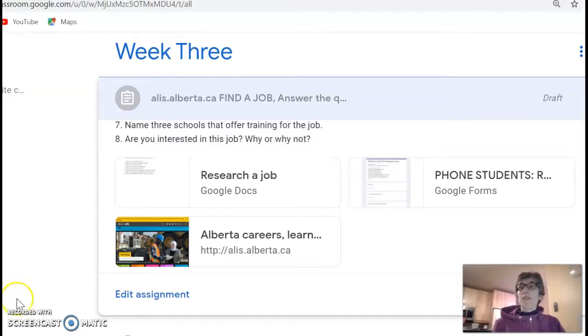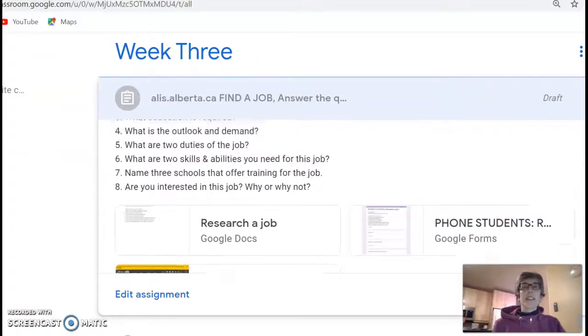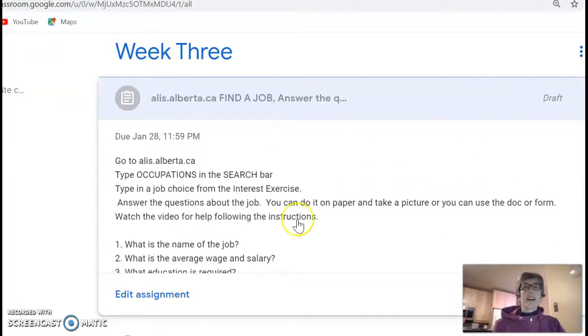Tonight I'm going to show you how to research a job on alis.alberta.ca. So I have your week 3 activity, and it says go to alis.alberta.ca. Type occupations in the search bar. Type in a job choice from the interest quiz, the interest exercise that we did yesterday.